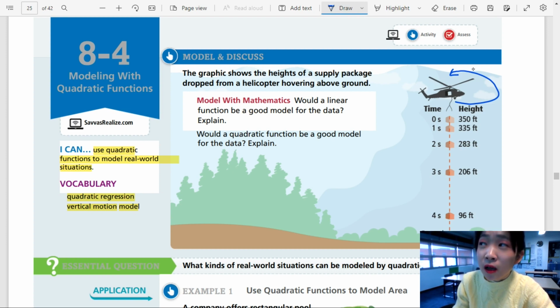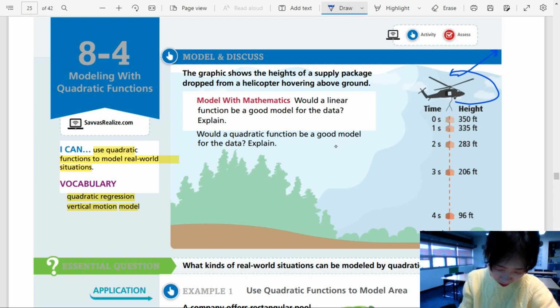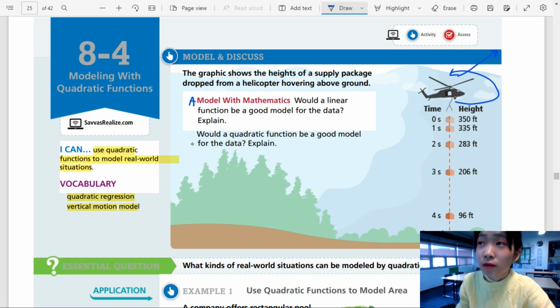Maybe if we know the helicopter moves at a constant speed to increase or decrease the height, but it's not necessarily gonna move at a constant speed, right? In terms of height. So would a quadratic function be a good model then? Yeah. It would be a better model than a linear function, right?